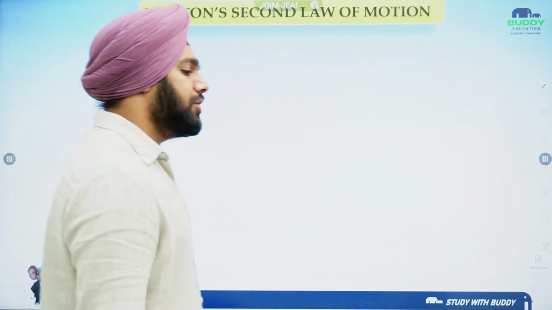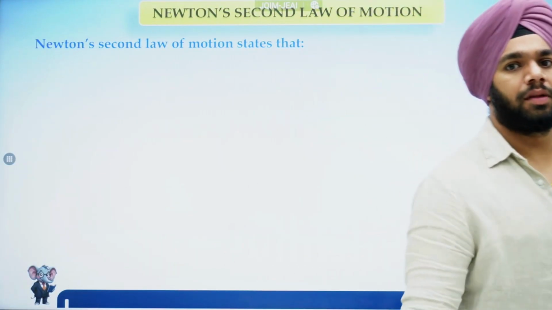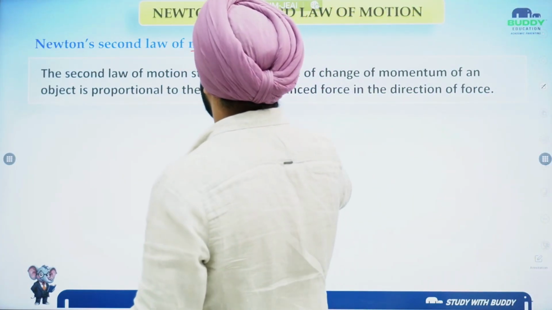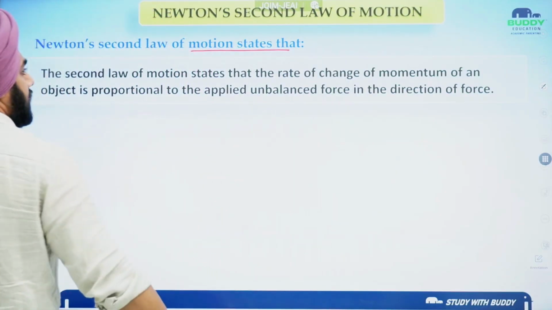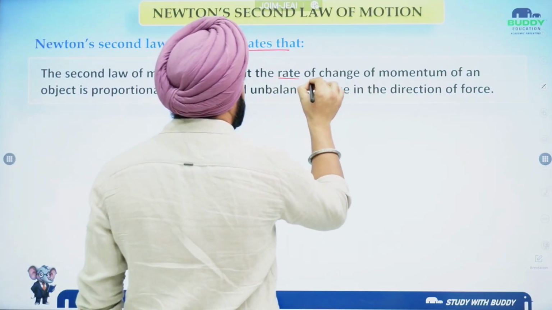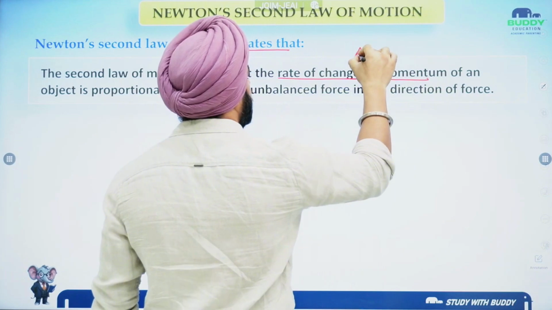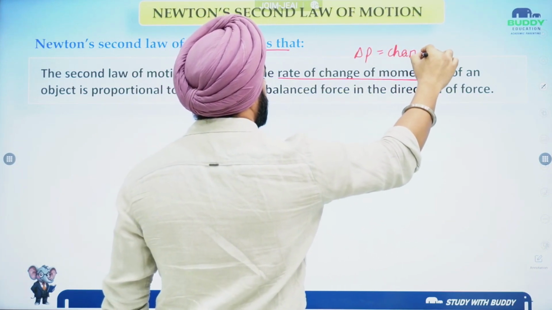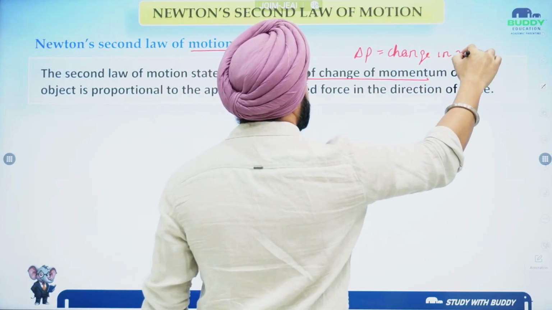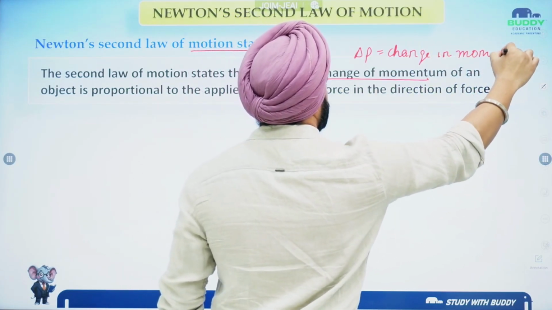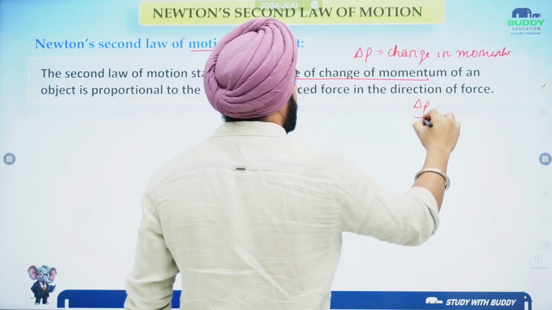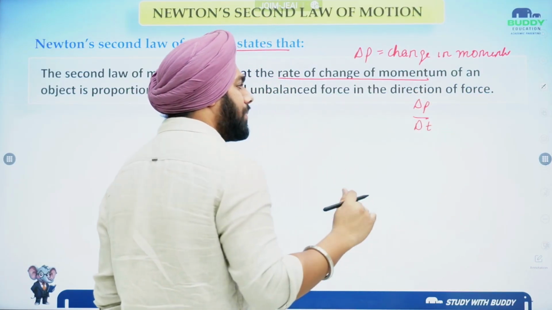Okay, so what does Newton's second law of motion say? It simply states that the rate of change of momentum, where delta P is change in momentum, remember this, is delta P by delta T. Now what is delta P here?